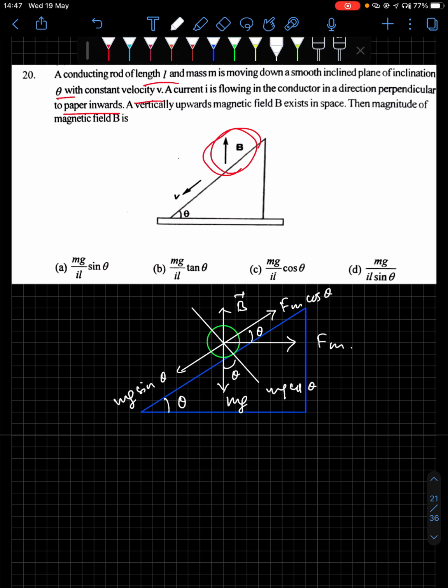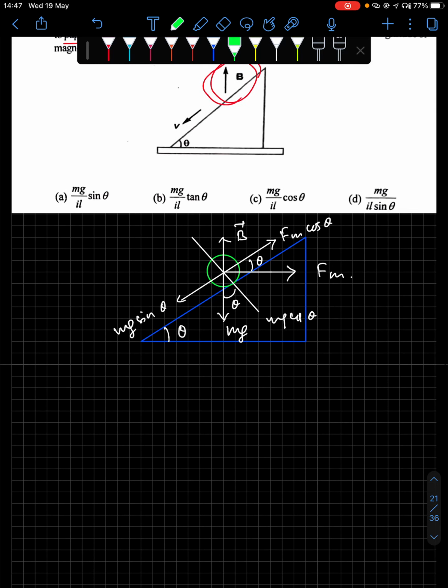Now by Fleming's left hand rule, the magnitude of this magnetic force will be ILB sin 90, right? Between the length of the conductor and the field, the angle is 90 degrees, so this is ILB.